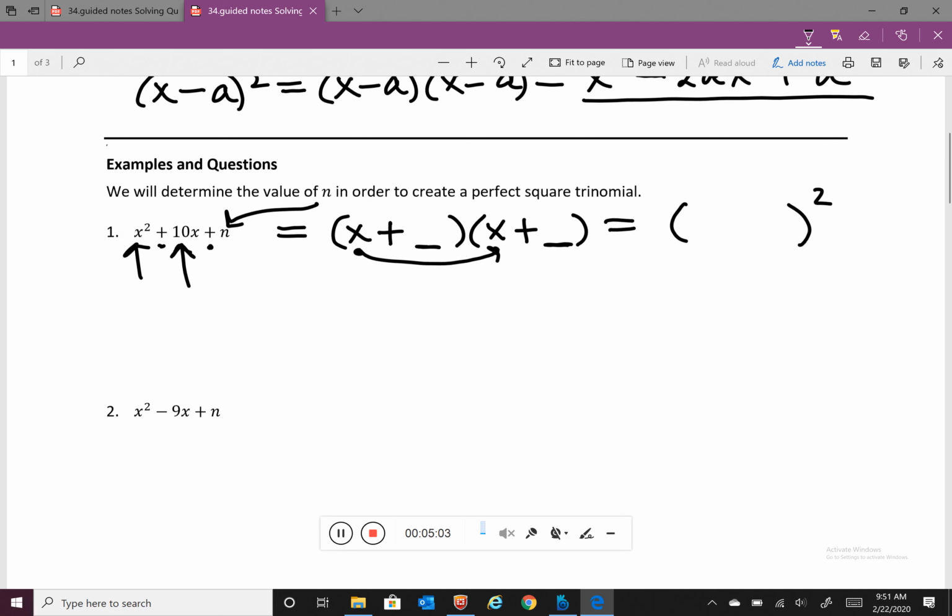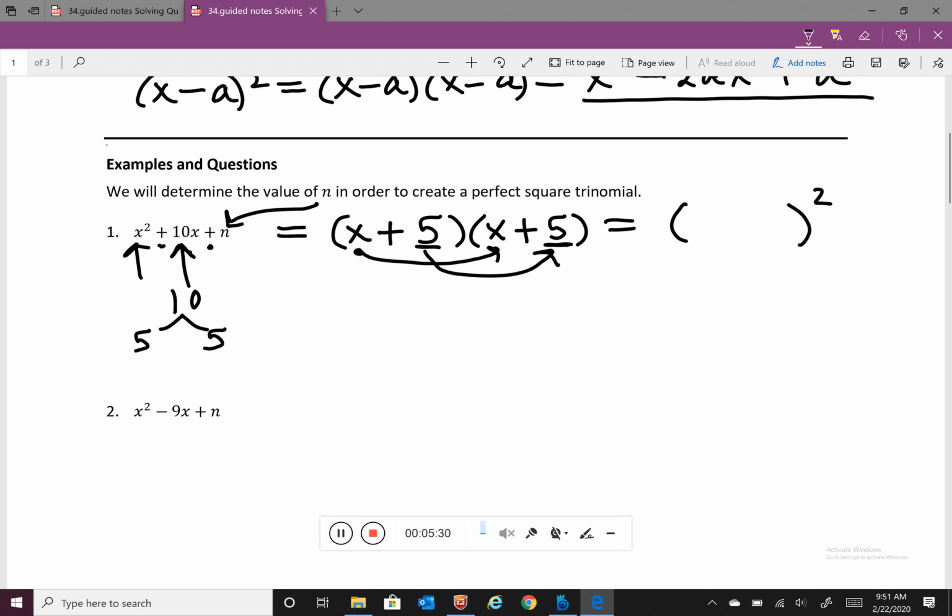So if it has to be the same, and there's two of them, don't we want to split that 10 in half, giving us a 5? So 5 and 5. Does that indeed give us 10x? Yes, it does. And then if we think about finishing this distribution, this is new for us.